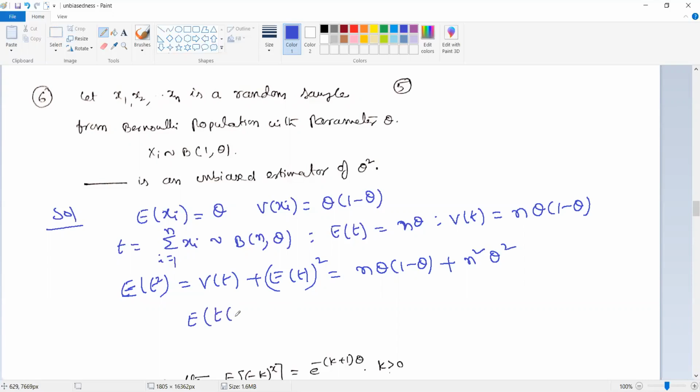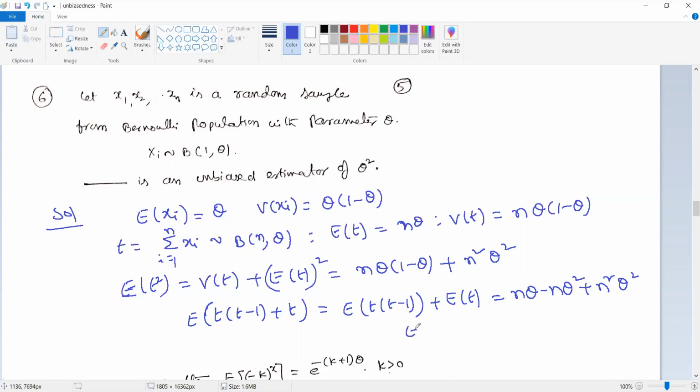So T square can be written as T into T minus 1 plus T. Now this is equal to expectation of T into T minus 1 plus expectation of T. Applying the property, this is equal to n theta minus n theta square plus n square theta square.